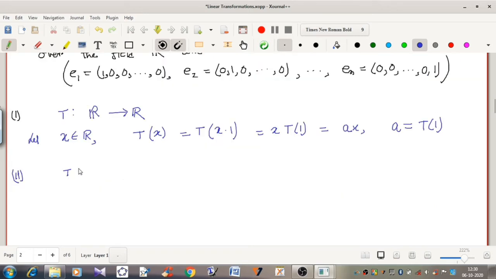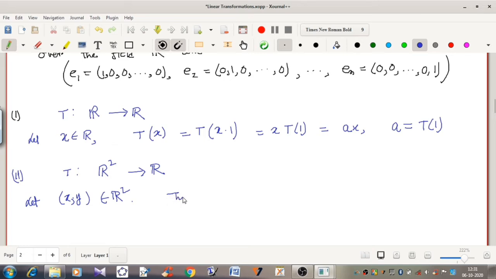Now we consider the linear transformation T from the vector space R2 to R. For that, let us take a point, say x comma y, from the vector space R2.